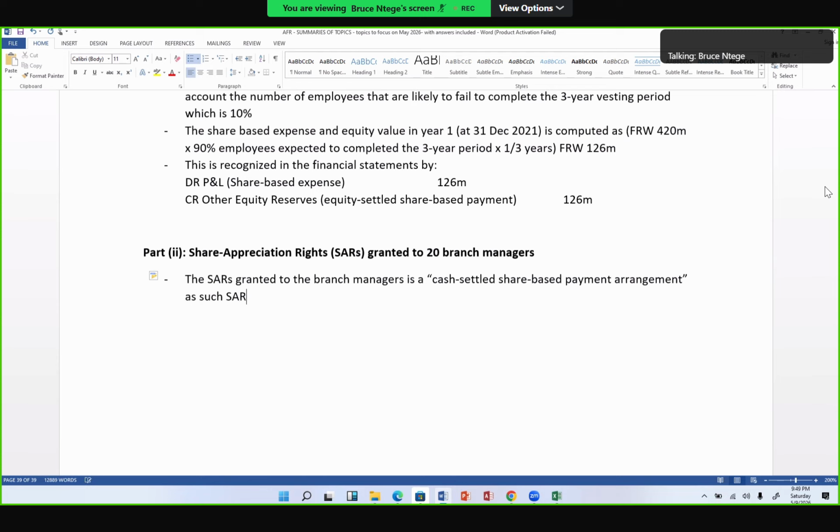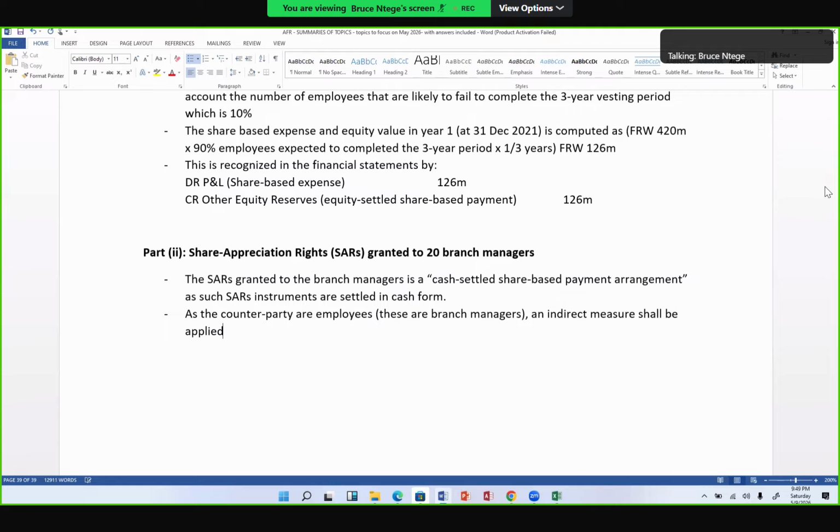Then we shall continue to say that, as the counterparties are employees, in this case branch managers, an indirect measure shall be applied.